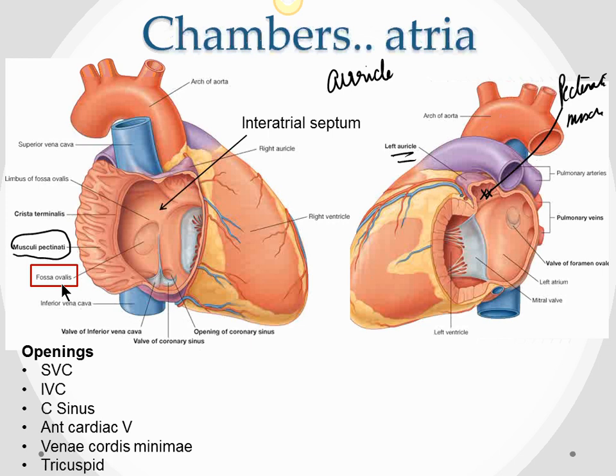In fetal life, there was an aperture or a hole present, known as the foramen ovale. When the baby is born and starts crying and the lungs become functional, this foramen ovale closes off and its remnant is seen, known as the fossa ovalis. So it's seen as a depression in the interatrial septum, but seen on the right atrial side.